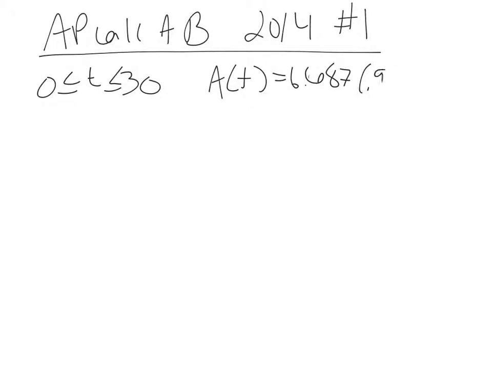Now, setting aside that this has a lot of decimals in it, since this is question number 1, this will be a calculator question. So you'd be using your calculator for this.